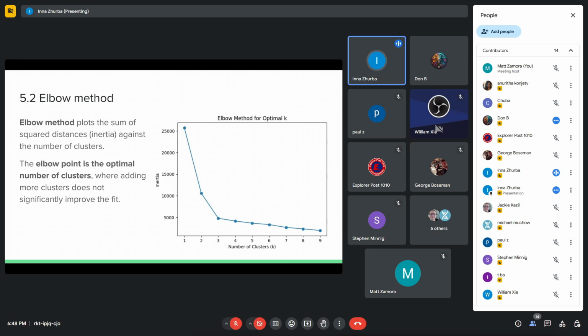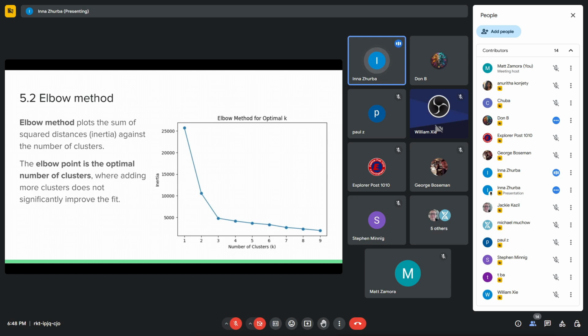So we wouldn't have much improvement by just increasing the number of clusters. This prevents overfitting and overclustering because, of course, the more clusters we select, the better cost value we would receive. But we really don't want to do that, right?